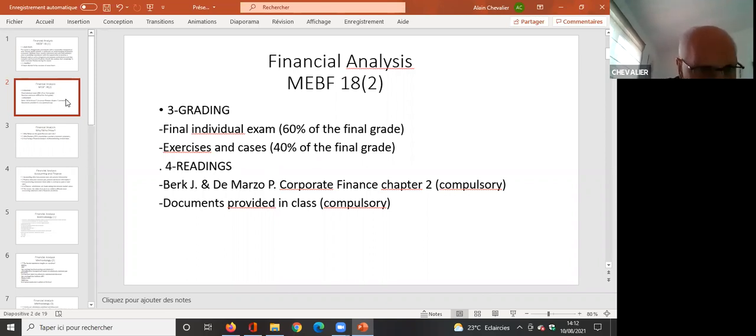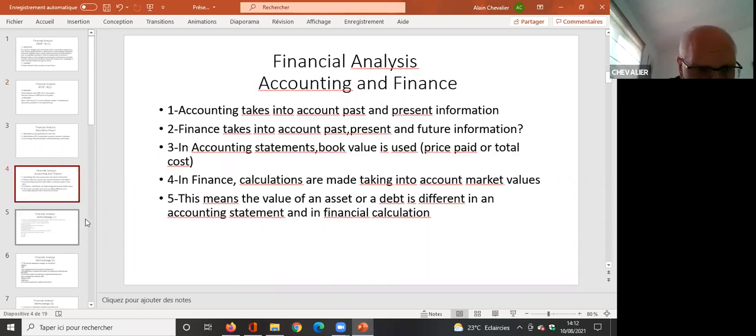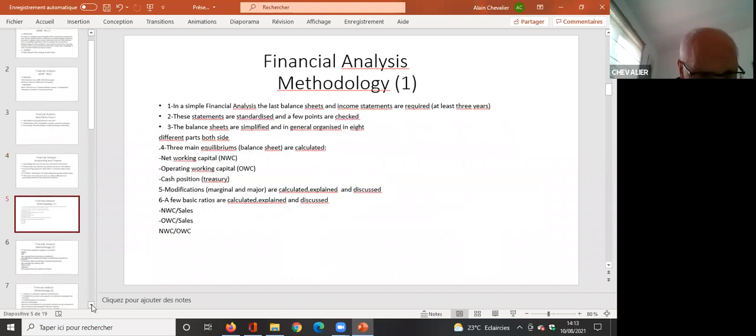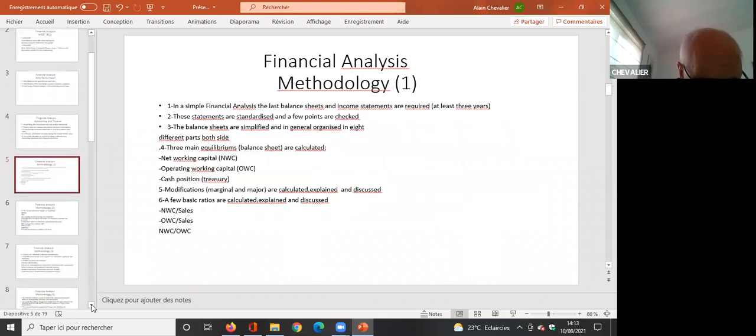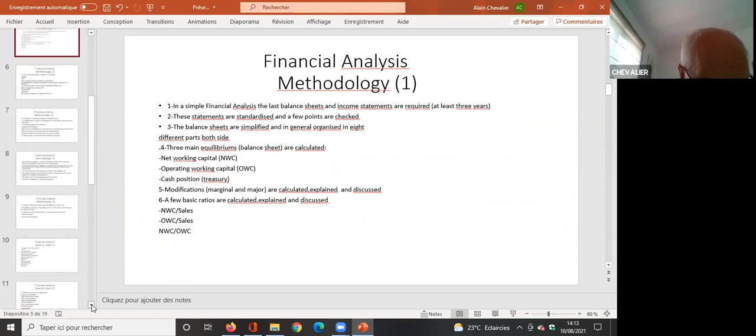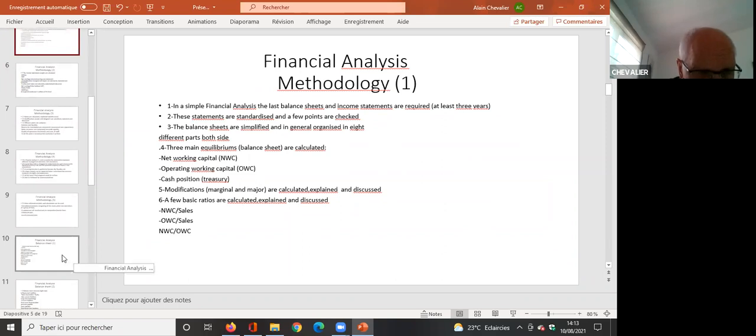Next, we have a slide on accounting and finance, which is a very central issue. What are the differences between accounting and finance, and what does it mean here in financial analysis? And then I will start with a presentation of a methodology with several slides. And the next part will be on the balance sheet.